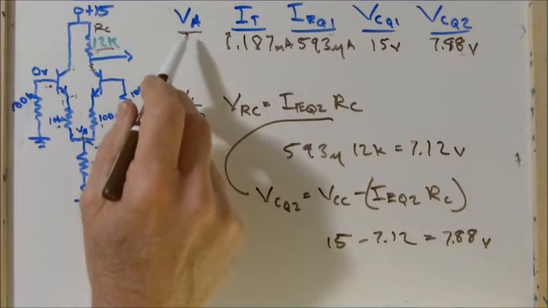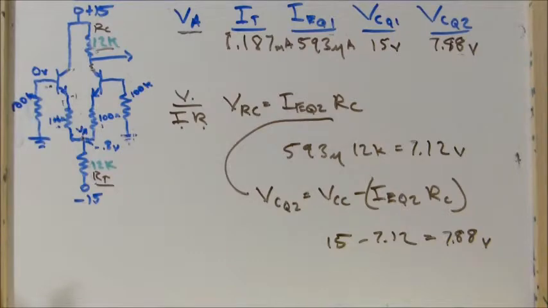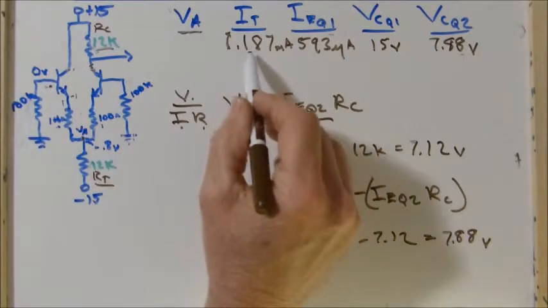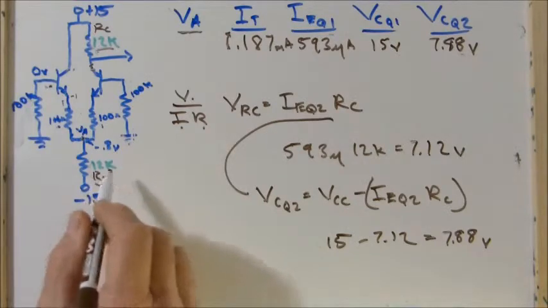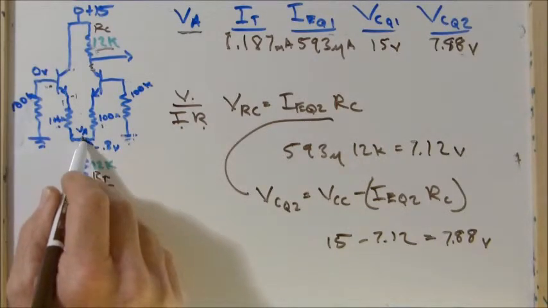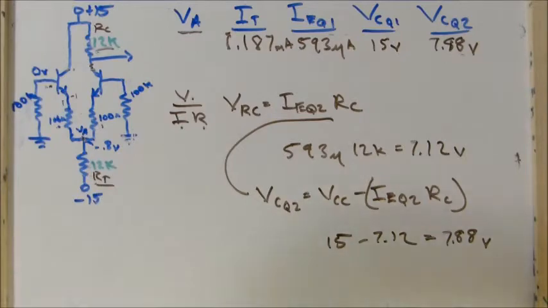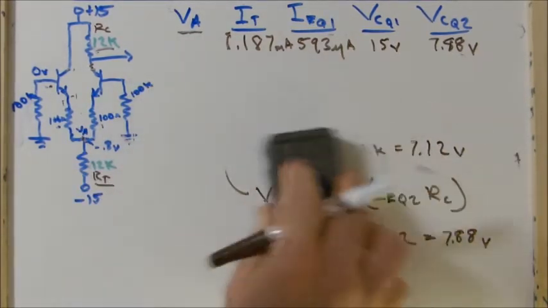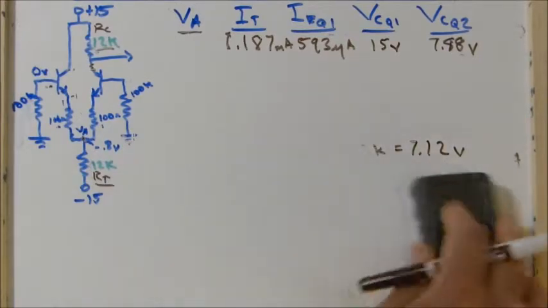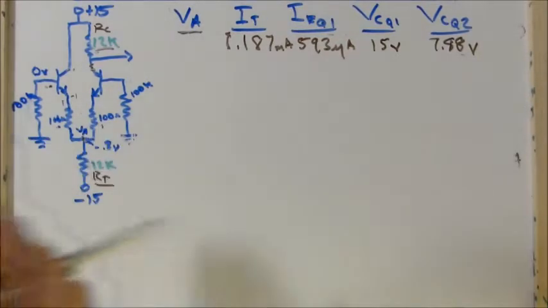Coming back, VA, we need to answer that. We know what the total current is. We know what this RT value is. Now we can find the voltage at VA. Erase all of that.